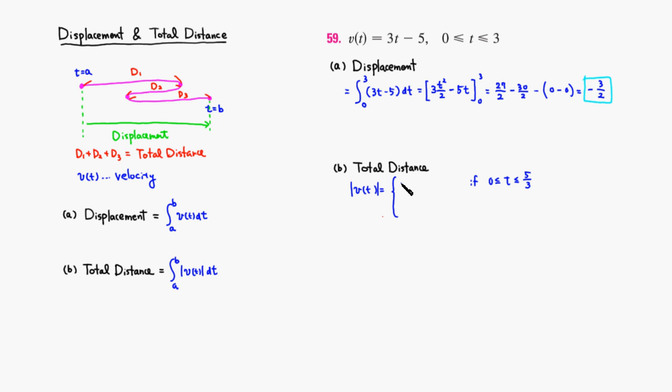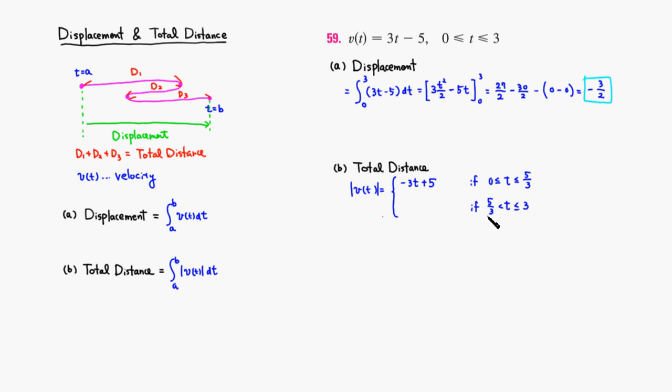So that will be negative 3t, and negative 5 becomes positive 5. And if t is between, actually, it doesn't matter, the 5 over 3 and the 3.